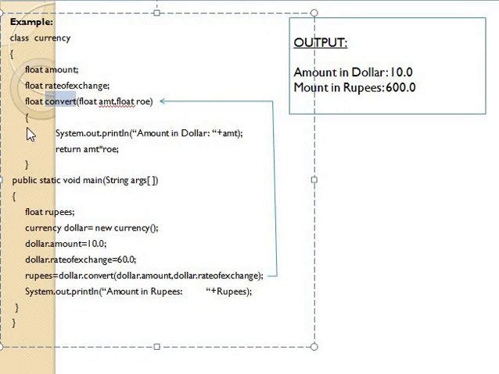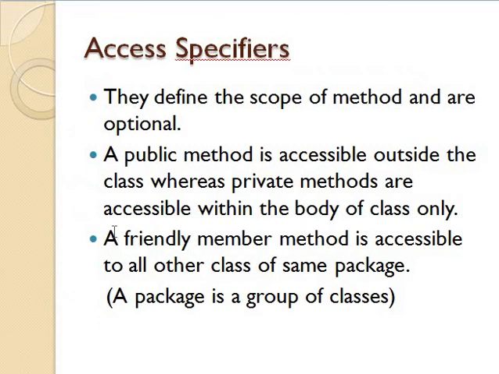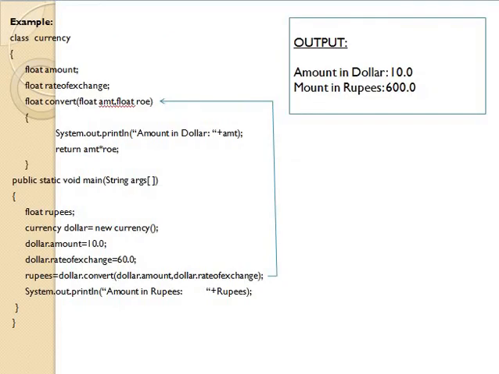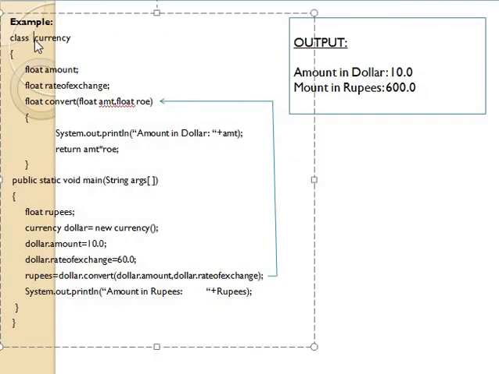Now first of all, what do you mean by friendly methods? A friendly member method is a method which is accessible to all the classes of the same package. Now what do you mean by a package? A package is a group of classes. Now if you consider this example, this program consists of only one class and the name of it is currency.